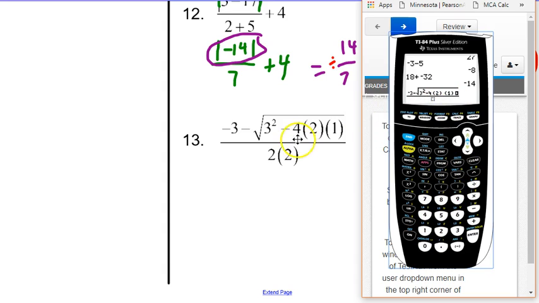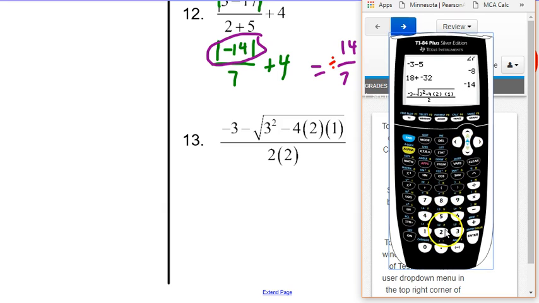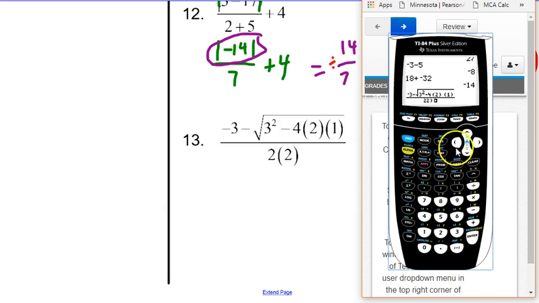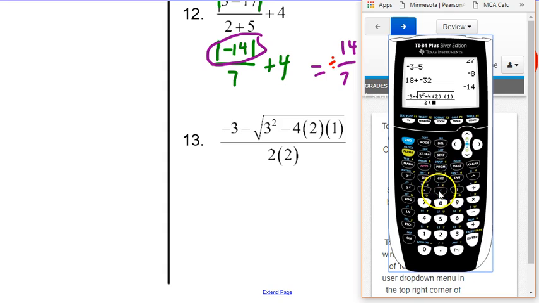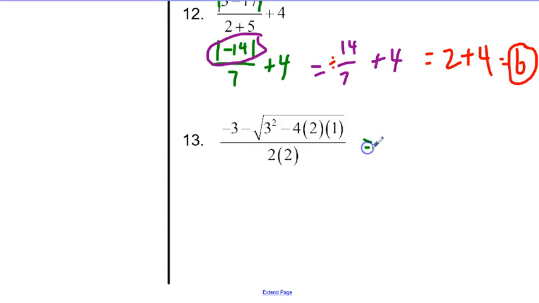If it doesn't look exactly like the paper, you're doing it wrong. Then we go down to the denominator. We do 2, and then in parentheses, another 2. Oops, missed a parenthesis there. There we go. Press enter, and it gives you our answer of negative 1. And again, I will reiterate, that is the only type of problem you are allowed to use your calculator on.